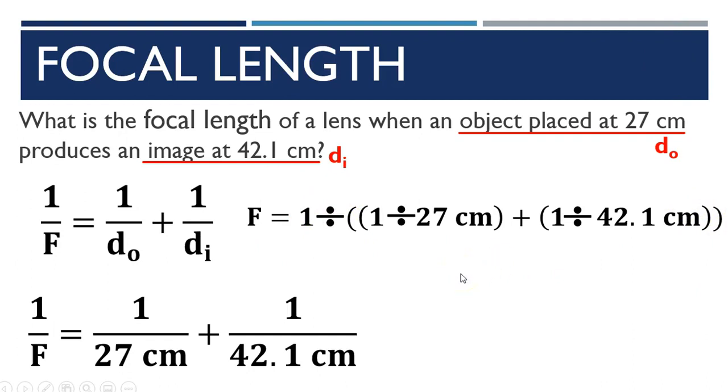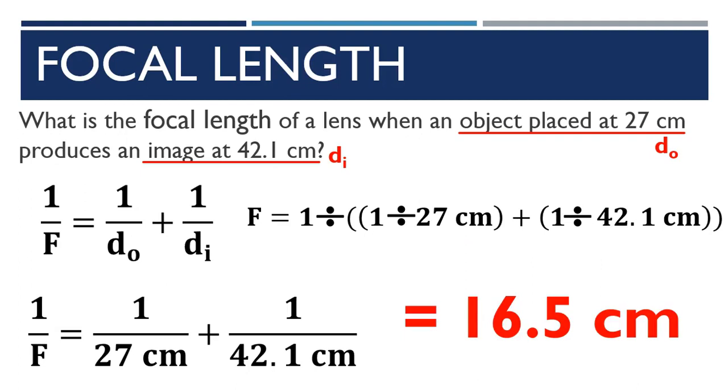When you plug that all into your calculator, you should get 16.5 centimeters. And I want you to practice plugging that into your calculator and make sure that that's what you get. If you get a different answer besides something that rounds correctly to 16.5, then something is off somewhere and you need to ask for help. Okay, but this is how you're going to plug it in to your calculator.